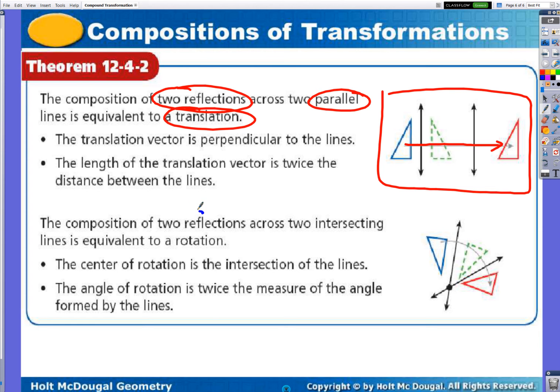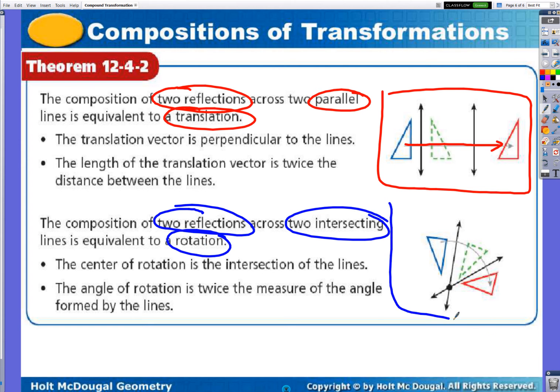Okay, and then the last thing to know is that if I have two reflections across intersecting lines, they don't necessarily have to be perpendicular, just intersecting lines, that would be equivalent to a rotation. Here they show you an example of this. In blue we had the pre-image.